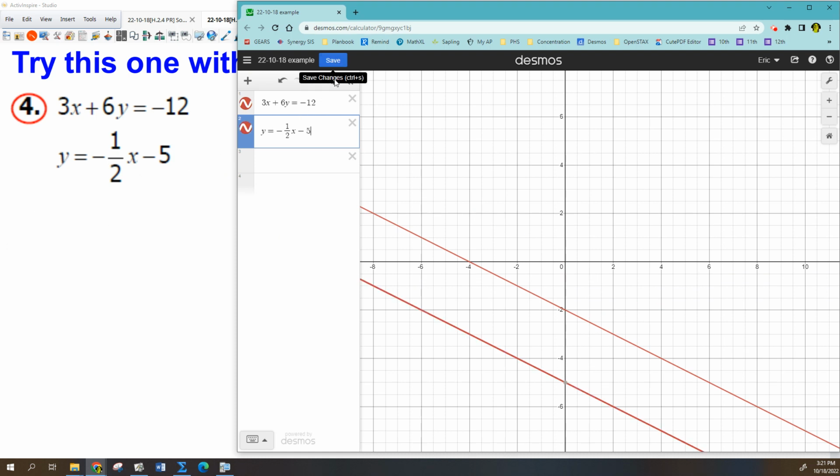Ooh, those are the same color, that's no good. There we go. Okay, so how could I tell?